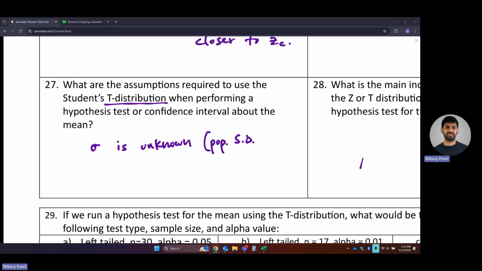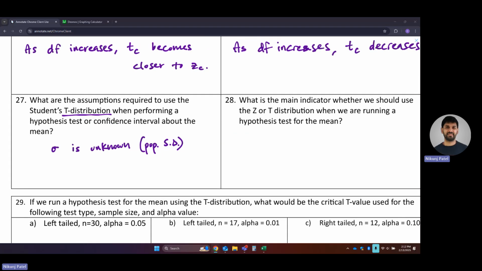So we don't know the population standard deviation. And then there's also some other details included in the definition towards the back of the packet. So be sure to look at that as well. But this is one of the main assumptions: your population standard deviation is unknown.